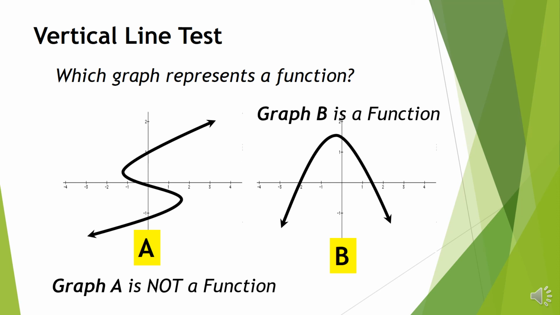Because when we use the vertical line test in graph A, you have observed that the graph intersects the pencil 3 times. While in graph B, you have observed that the graph intersects the pencil once throughout the graph.